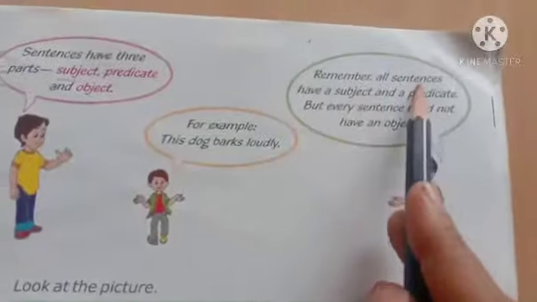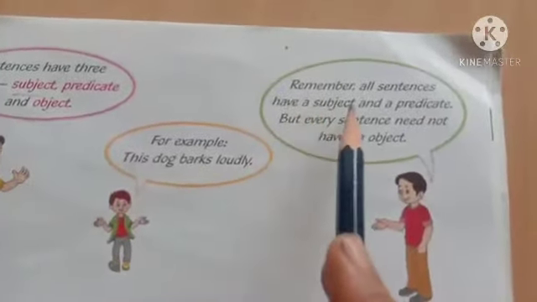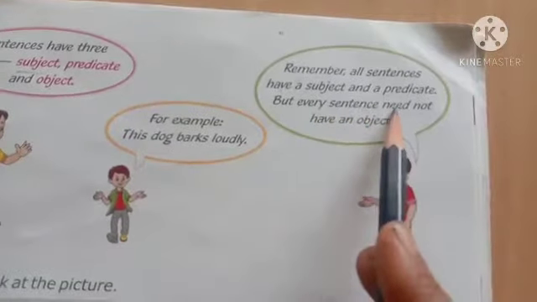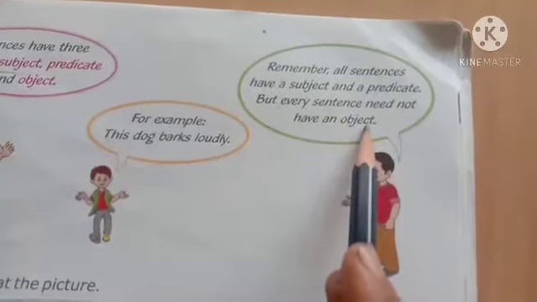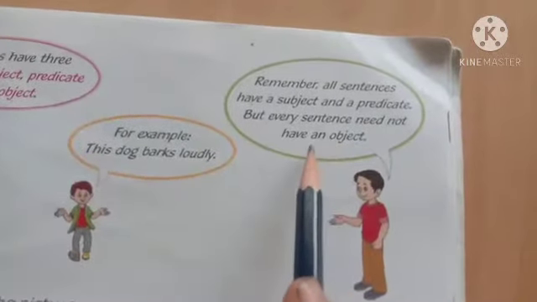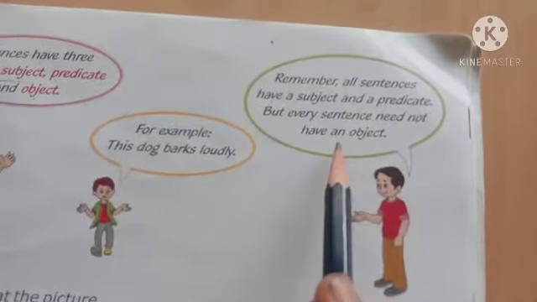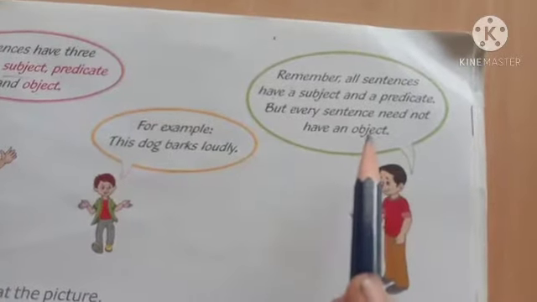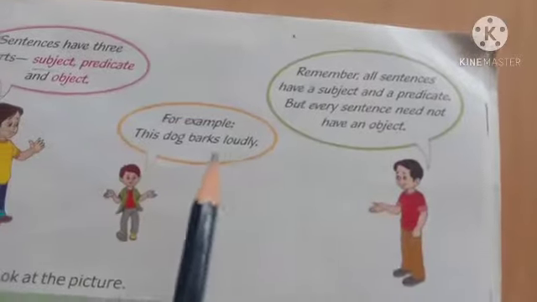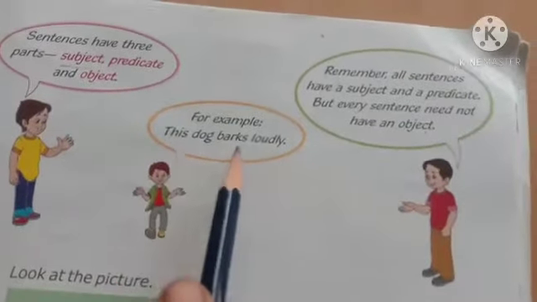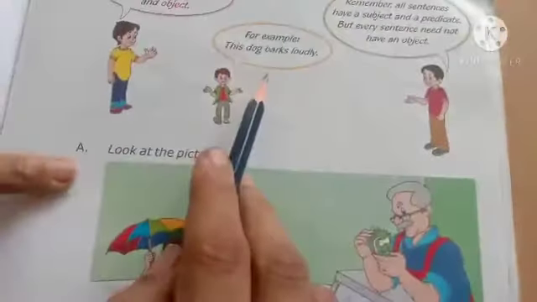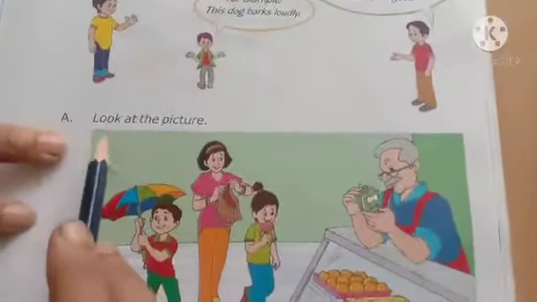All sentences have a subject and predicate, but every sentence need not have an object. Sometimes sentences have an object, sometimes there is no need of an object in a sentence. For example, the dog barks loudly. Here there is no object. Understood?